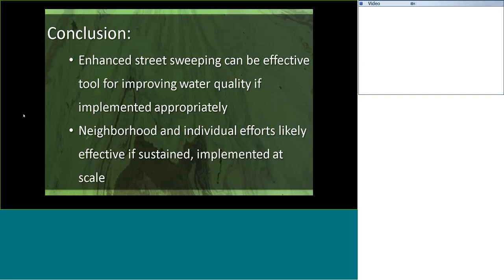Yeah, absolutely, and I think that's what I meant by it engaging citizens around issues of water quality and getting them to start thinking about water quality issues and potentially take more agency over efforts to keep litter fall out of streets. And I think that's an important research need: what are the best ways to engage citizens around these issues.